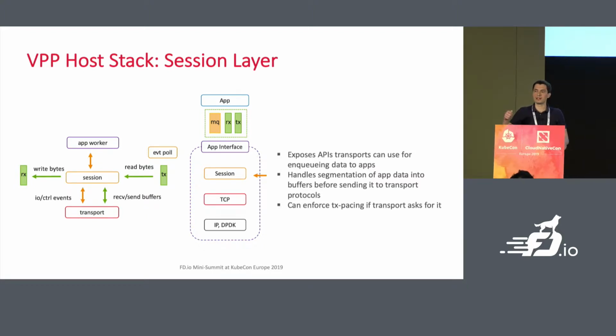And talking about sending of data, recently, well, I guess some less than 6 months ago, we've added the feature to the session layer to enable it to do TX pacing. And by that, I mean whenever a transport requests that the session layer starts pacing its data, the session layer, when it reads the data from the transmit buffer, it actually paces the rate at which it creates I/O buffers before injecting them into the transport to ensure that we avoid TX bursting.